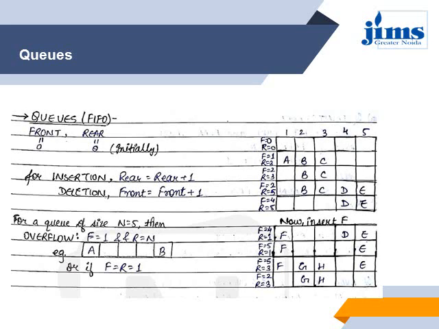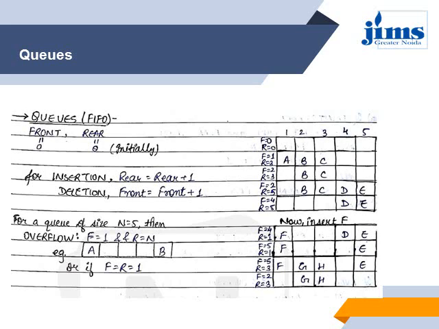Now again if I want to add d, rear will move to 4, and after adding e, the rear has moved to 5. Now in the last row I am deleting a which has already been deleted, and now I am deleting b and c as well. So now my front has moved from 2 to 4 where d is present.